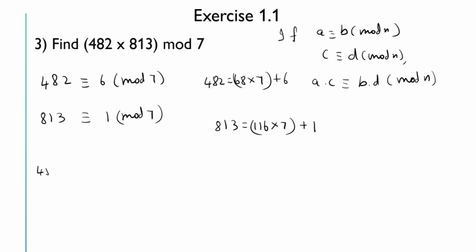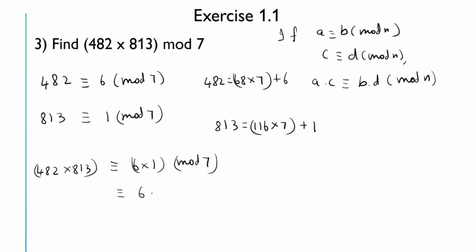So 482 into 813 is congruent to 6 into 1 mod 7. So this is nothing but 6.